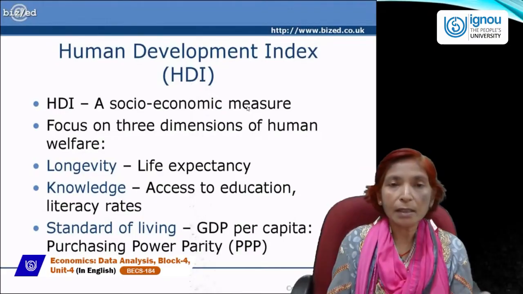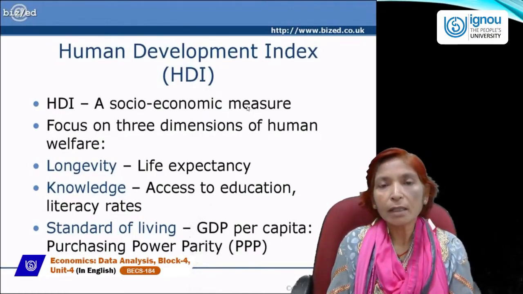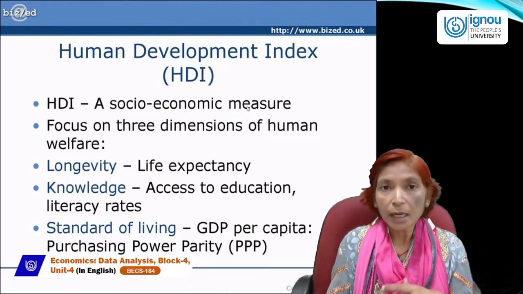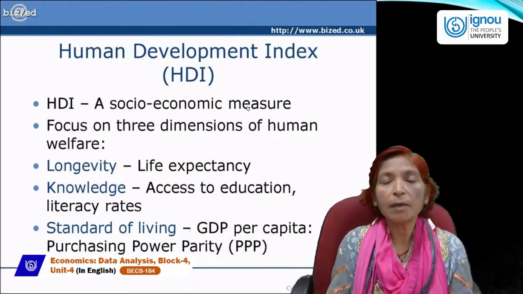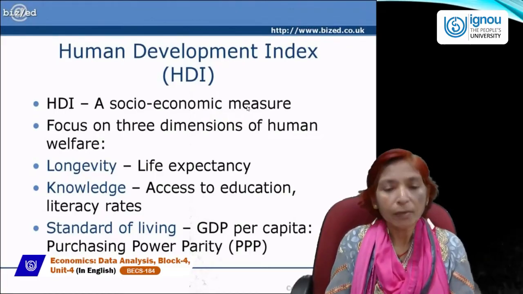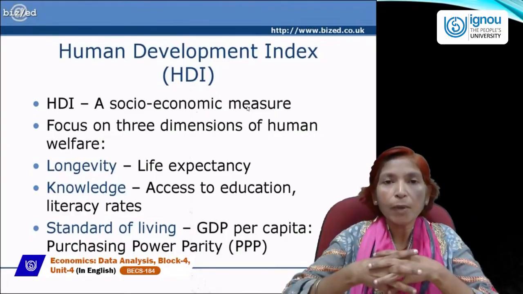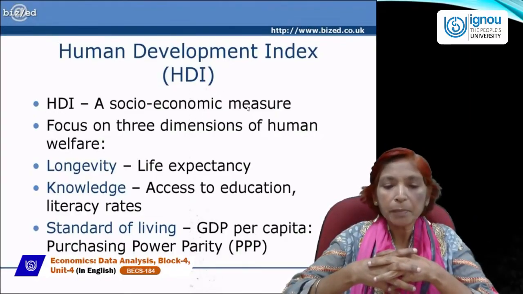You know that at present the value of the dollar is increasing and the value of the rupee is falling. It means India's currency has lower purchasing power than the USA's dollar. So we can compare the purchasing power of different nations' currencies with the help of this concept, PPP.